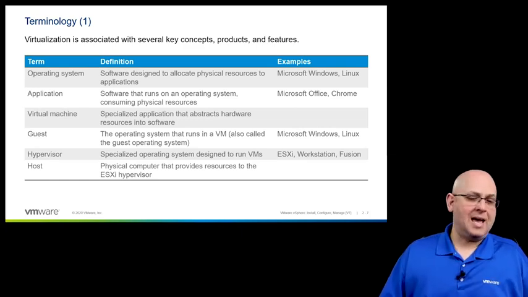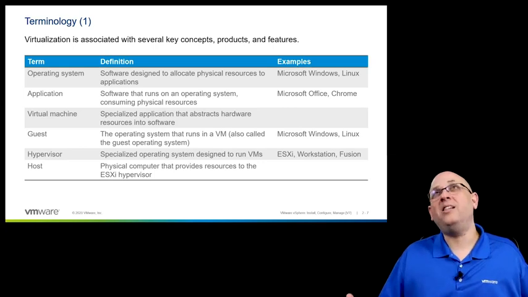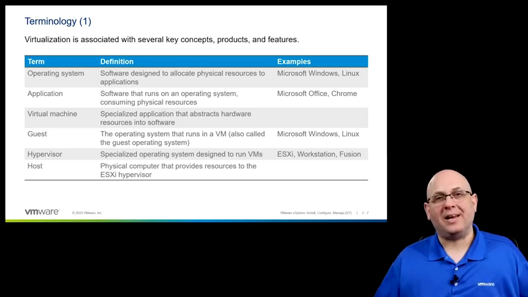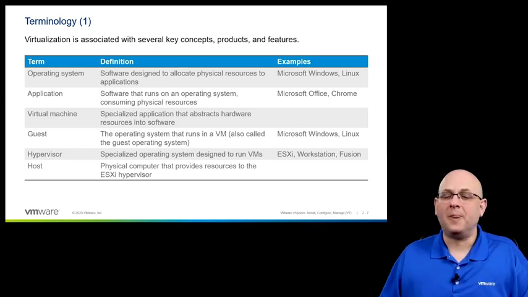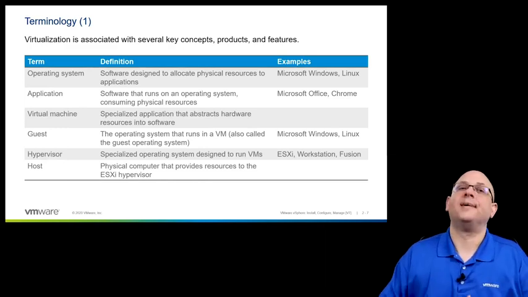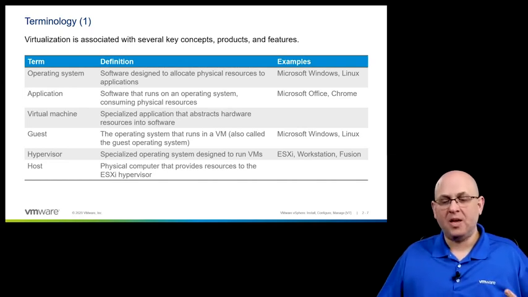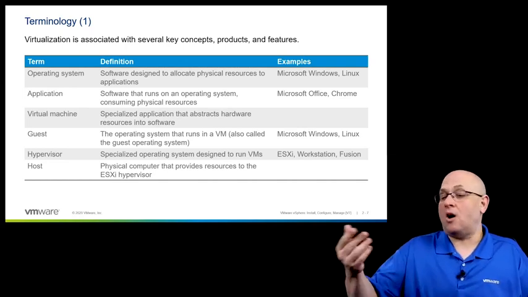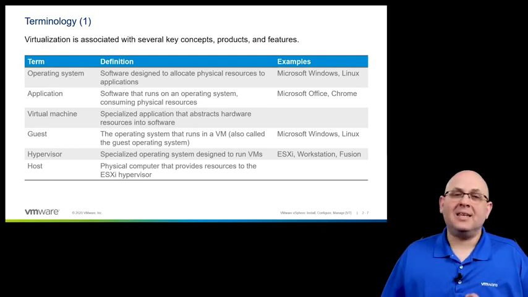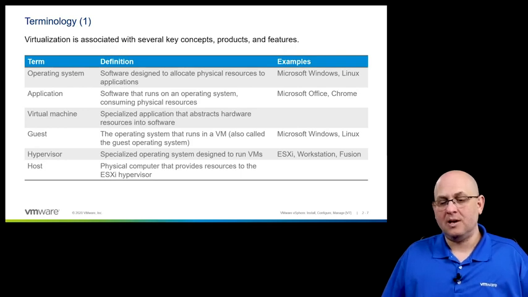And we might say that, well, the operating system provides us a desktop. Well, that is a feature of an operating system, but fundamentally the operating system delivers physical resources to applications. That's great. So what's an application? Well, it's the software that runs on that operating system that is actually the consumer of those physical resources.